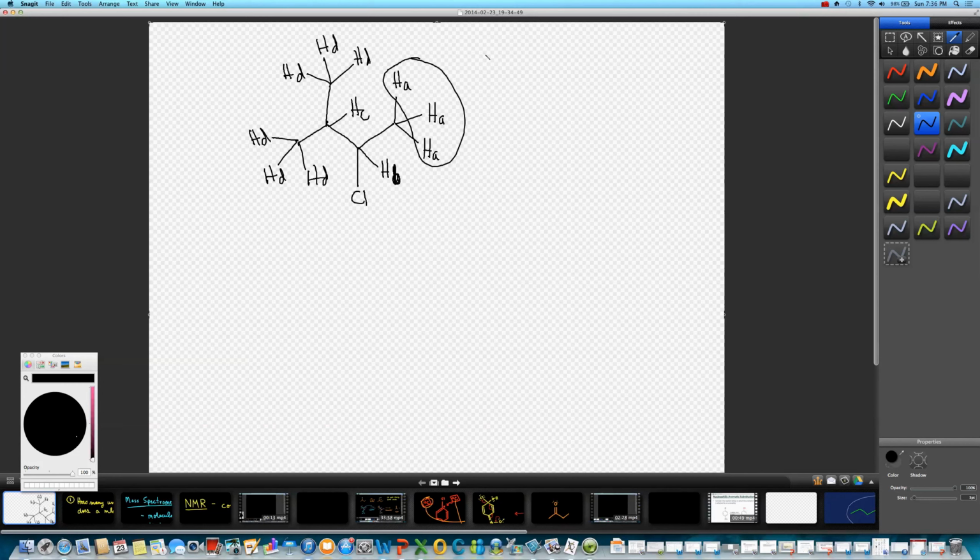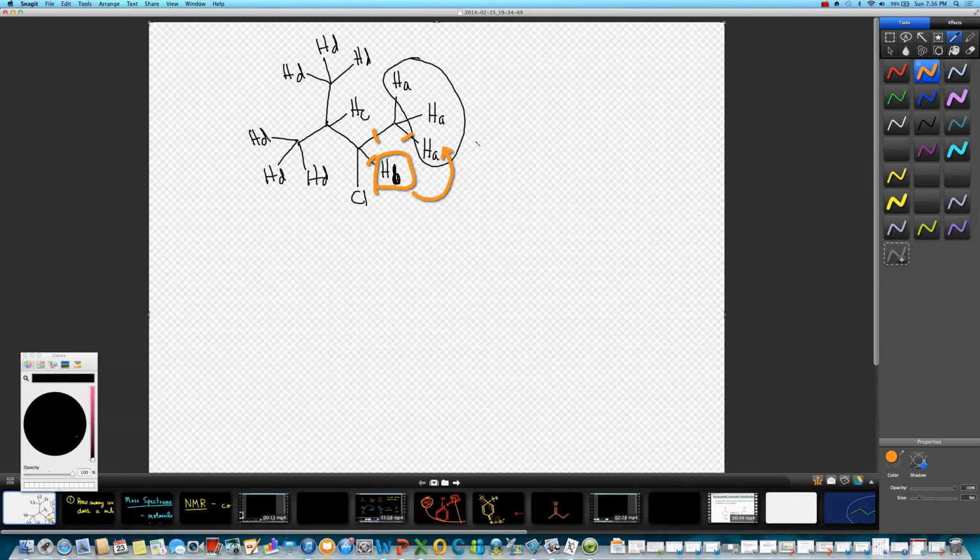There is only one other hydrogen that is within 3 bonds of these HAs. 1, 2, 3. And this is HB. HB will actually interfere with the signal of this environment by HA.